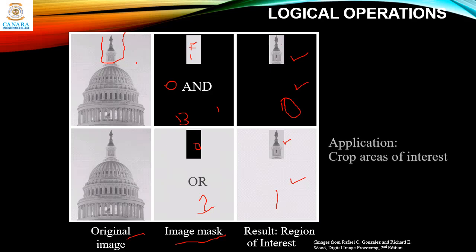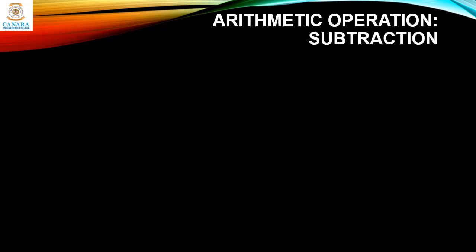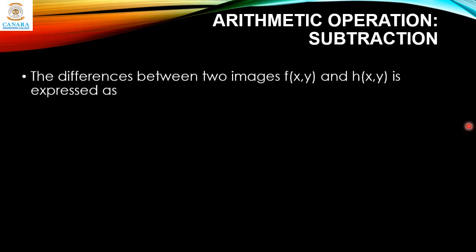So we can use it for cropping the areas of interest or regions of interest. Another type of operations that we can use to enhance the image is arithmetic operations. First type is the subtraction. Basically we take the difference between two images. So f of xy is the input image and h of xy is the mask image.